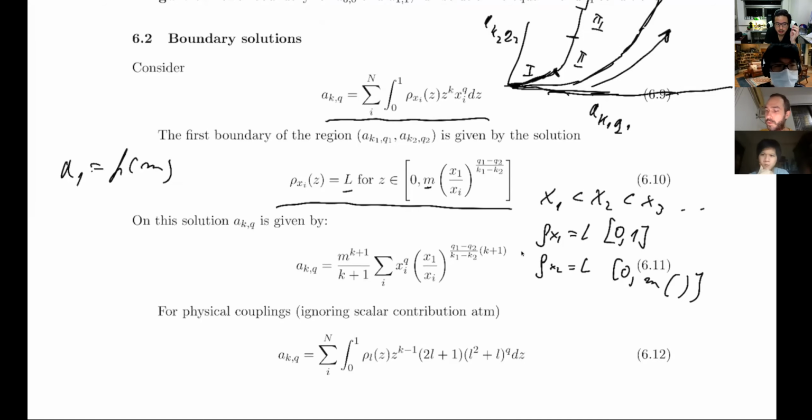So A1 is some function F1, and A2 will be some function F2 of M. Then I do a parametric plot in terms of M. So this gives me some curve. So basically the parameter comes from where a rho has support.